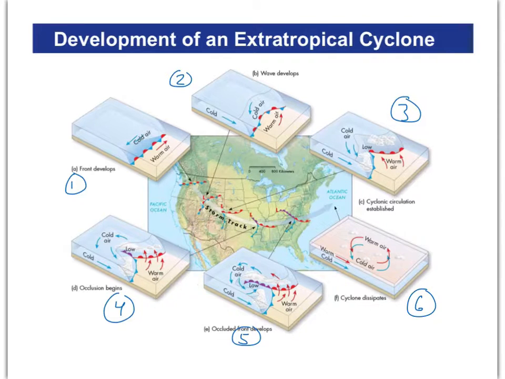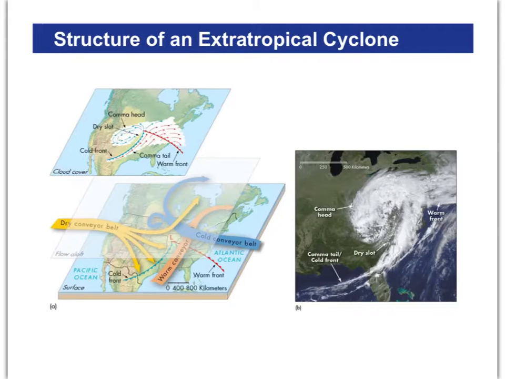This last slide right here, I'm just going to point out. This cold front and this warm front is a very common formation, and you see this sort of comma shape. This is a very common formation as a mid-latitude or extratropical cyclone comes across our continent right here.